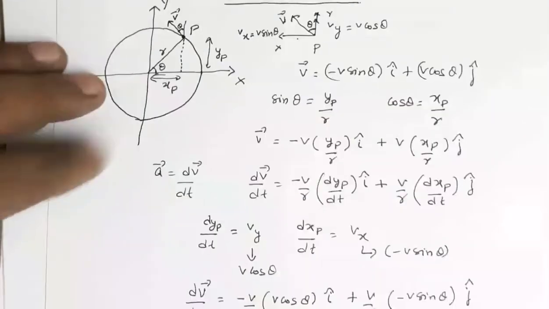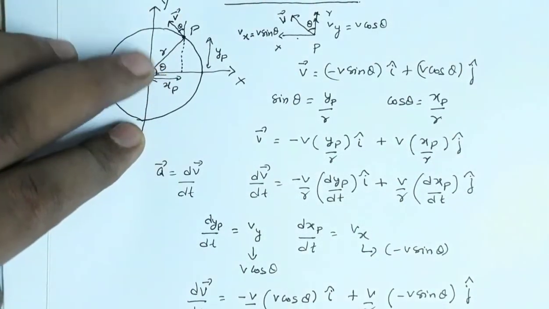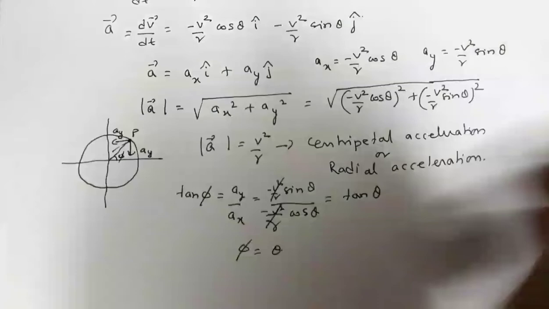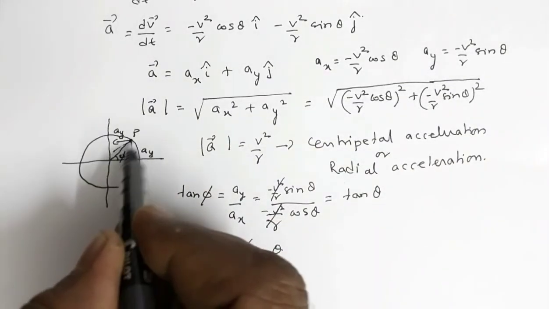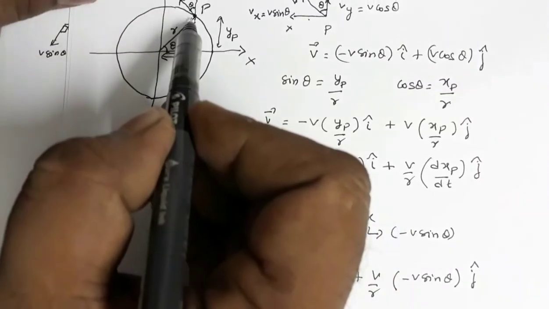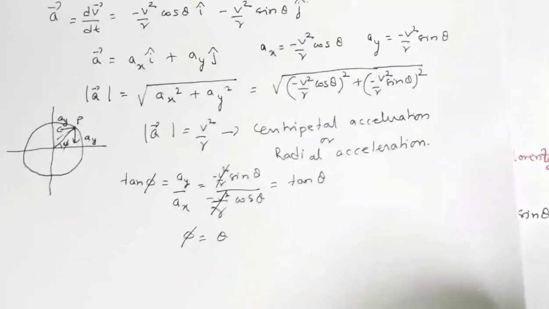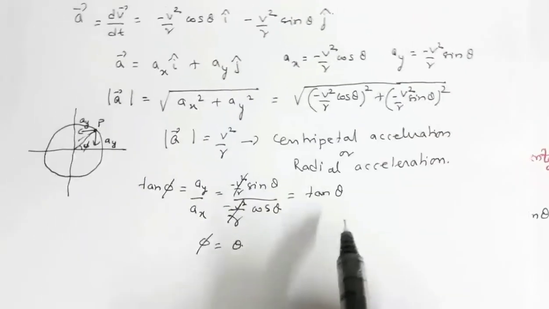But theta is this angle. Since theta is equal to phi, that means the acceleration is directed towards the center along the radius. It is for this reason that this acceleration is called radial acceleration.